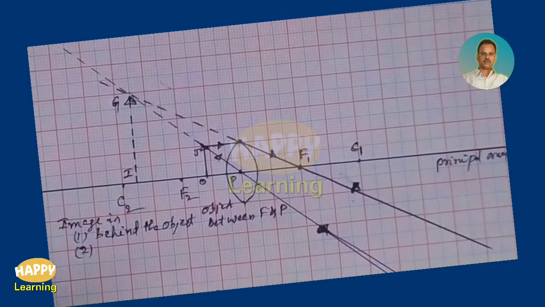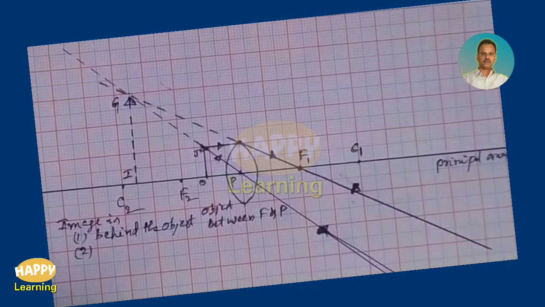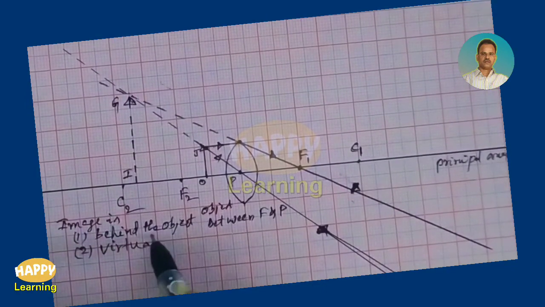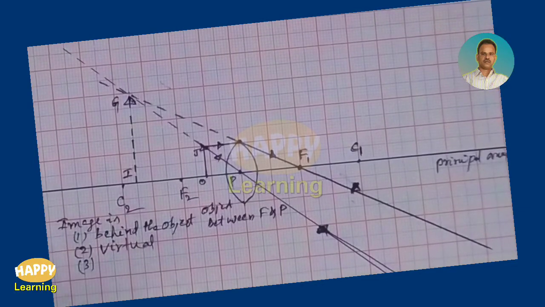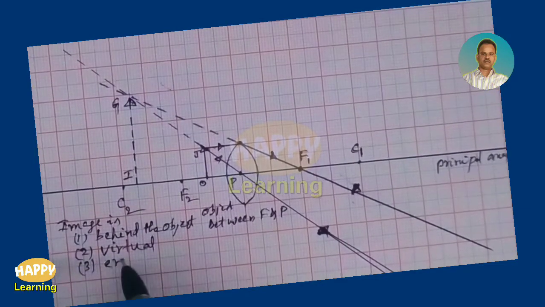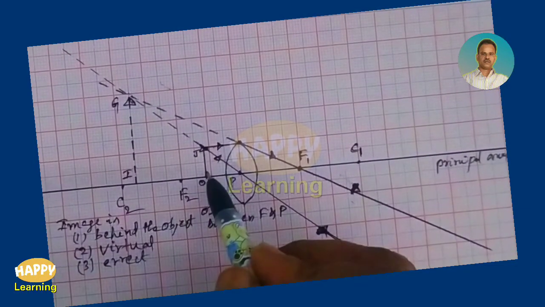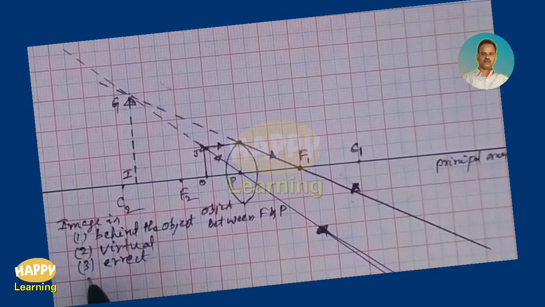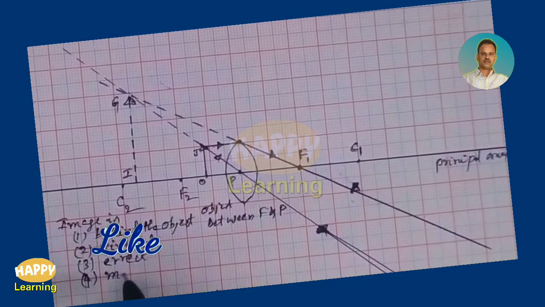Number 2, it is virtual. Number 3, it is erect. So as the object head is up, the image head is also up. This is called erect. And the fourth point is it is magnified.